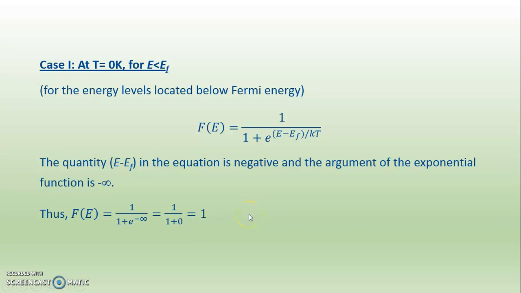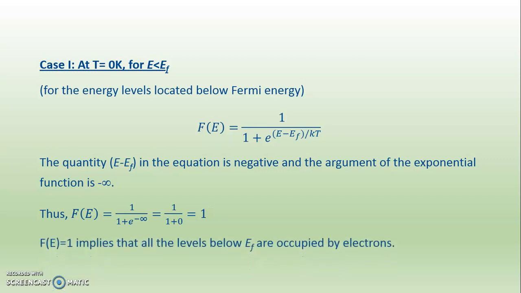Or we can say the probability of finding an electron in this energy state is 1. 1 means it is 100%. So we can conclude f of E equal to 1 implies that all the levels below the Fermi level are occupied by electrons, and there is a 100% chance to find an electron in that energy state.